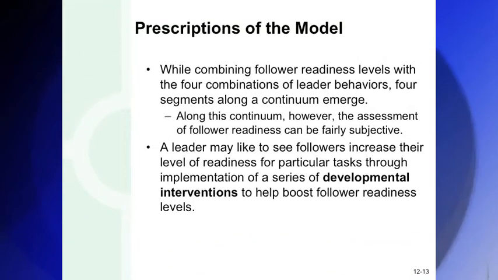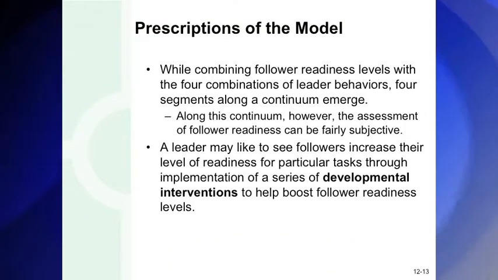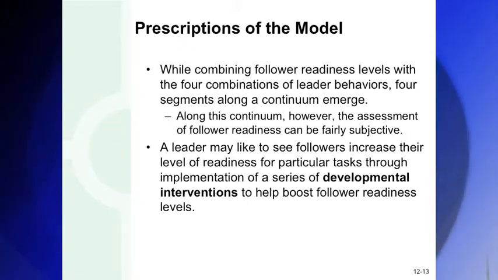Combining follower readiness levels with the four combinations of leader behaviors, four segments along a continuum emerge. Along this continuum, however, the assessment of follower readiness can be fairly subjective. So the belief of the leader regarding the follower's readiness is incumbent upon the ability of the leader to be effective in judging the readiness of that follower to take on responsibilities.